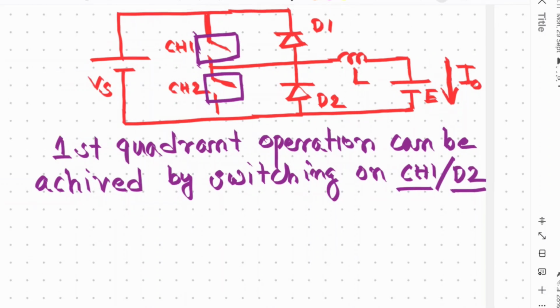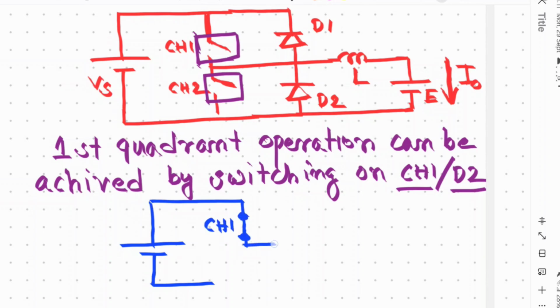Okay, let's understand this statement. If we make a circuit with switch 1 and diode D2, then this will be the circuit: the source, then switch 1 on, then the inductor, then the source.